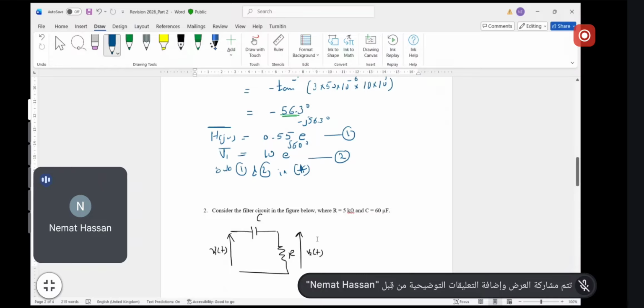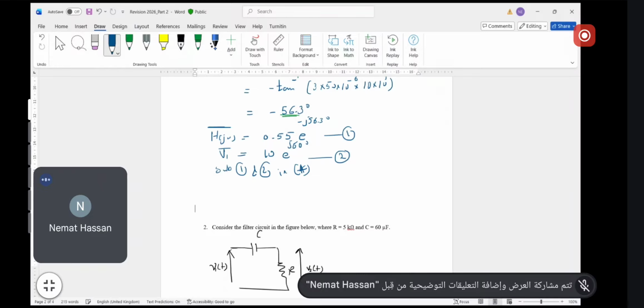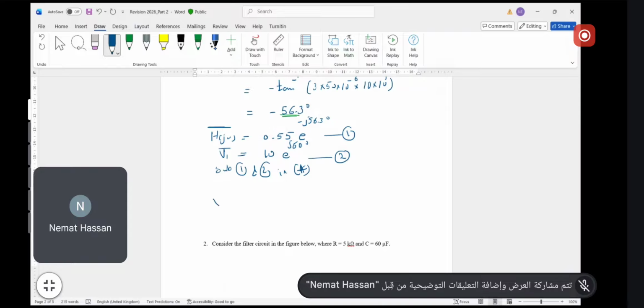We'll get that phasor of V2 is equal to 0.55 e power minus j 56.3 times 10 e power j60 degrees.